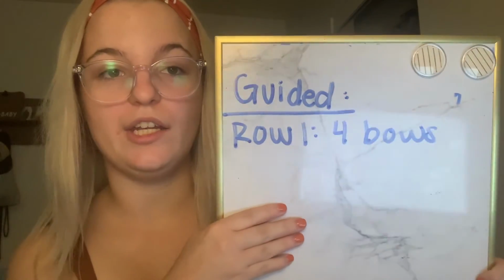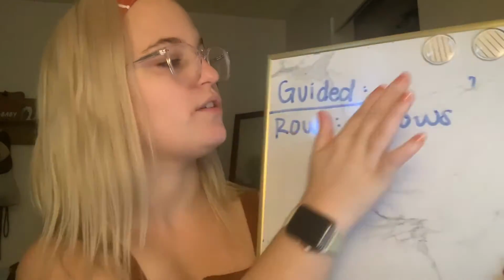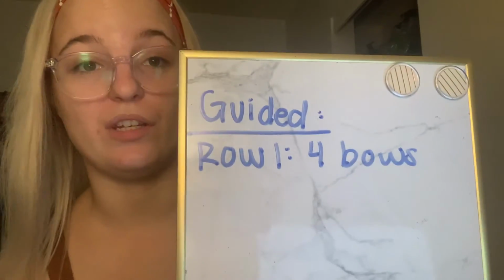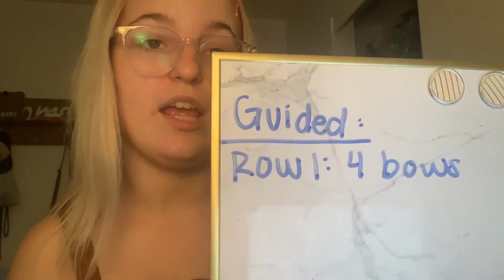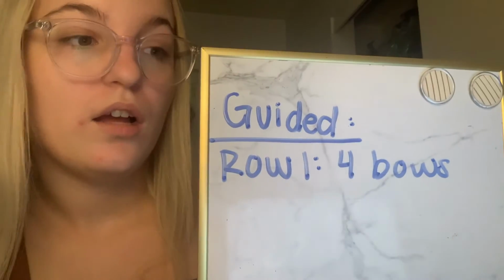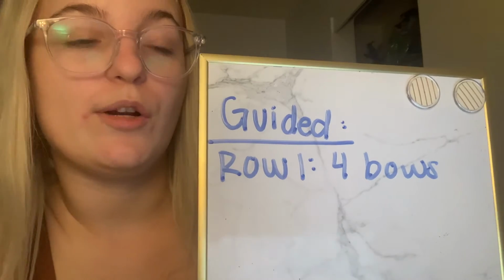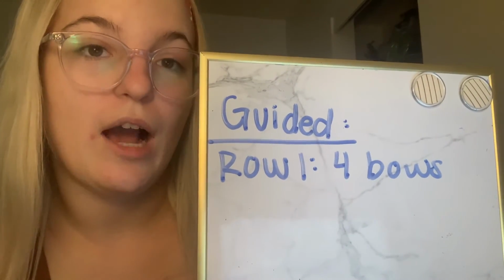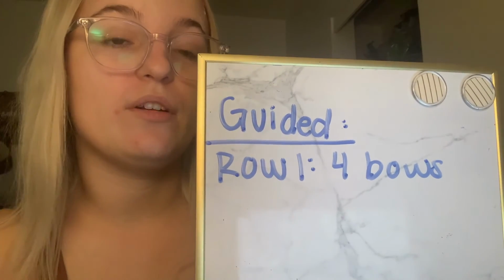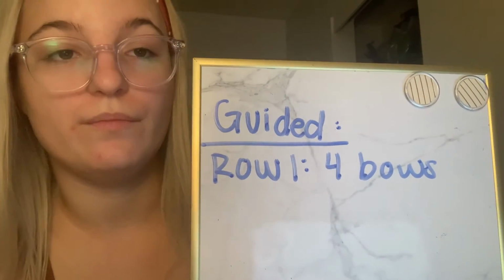I would have guided, and then I would have row 1, 4 bows. I wouldn't have anything else written on the board at this time because this is what we know as mathematicians, and it doesn't really tell us much because I want the students to figure that part out. So for the second row, I would ask the students, what do we need to add? How many more is the pattern asking us to add? And a response I would expect back would be that we are adding 4.